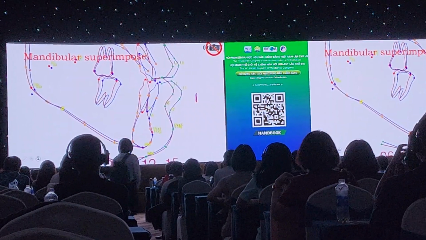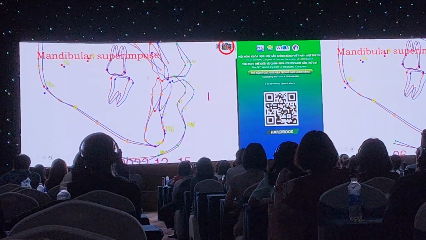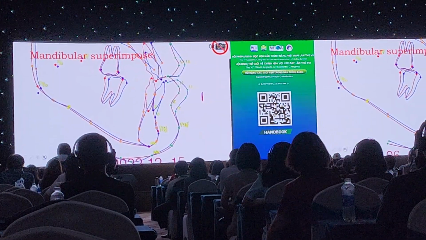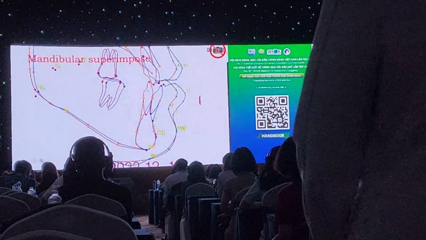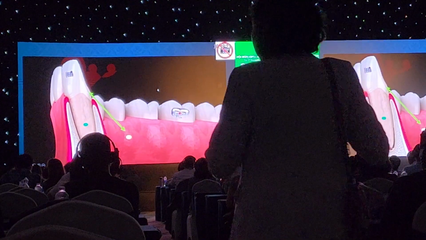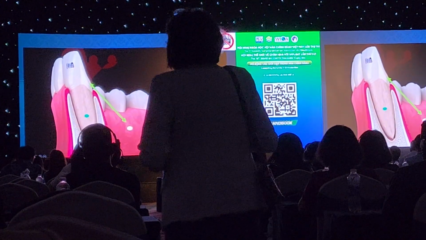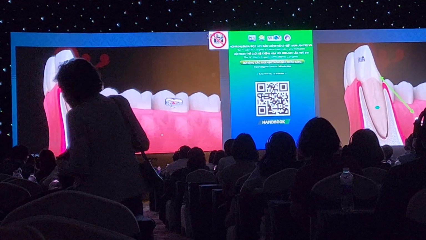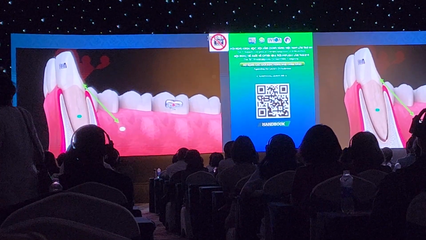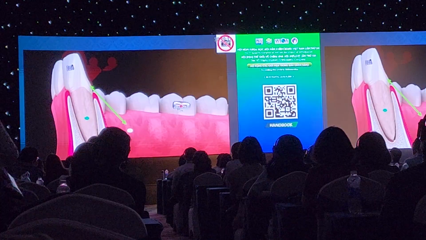But on the molar, I controlled the vertical of the incisor. It extruded a little bit, but not so much. So the position of the mini screw on the extraction side helps us to control the extrusion of the teeth.